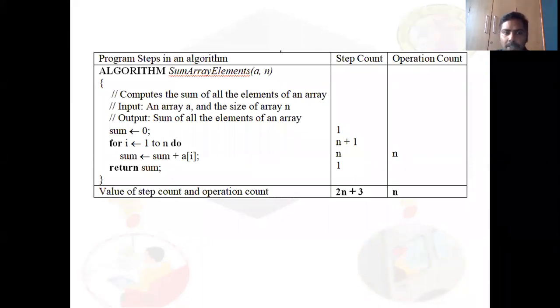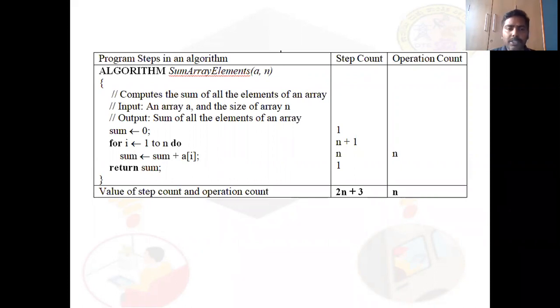For the next statement, for i equals 1 to n, as I said in the last session, it is going to execute n plus 1 times: n times for i equals 1 to n, and the plus 1 is when i becomes greater than n and the condition is false. The expression sum equals sum plus a of i is going to execute n times, and the return statement is going to execute 1 time. So when I consider step count, the frequency of each step is added, and the total is 2n plus 3 in this case.